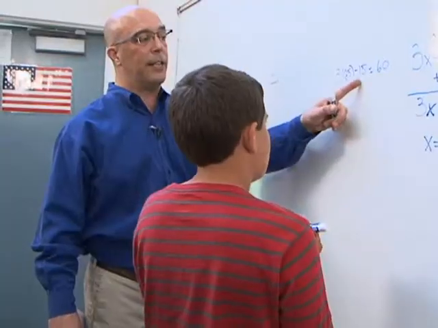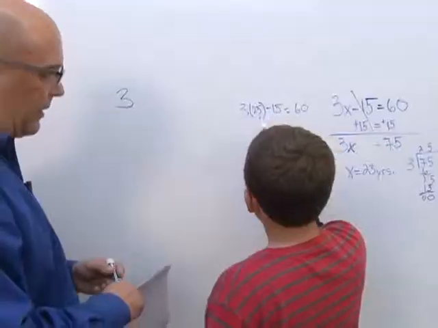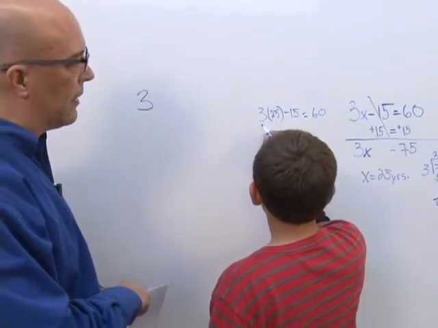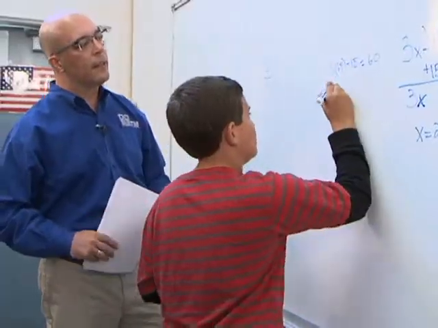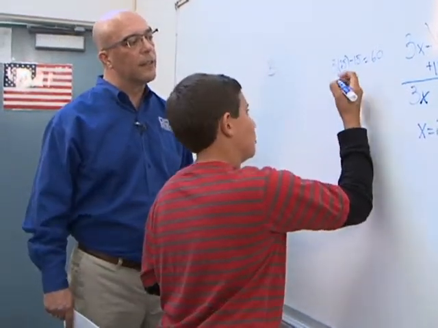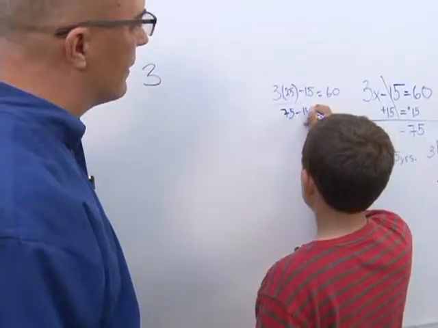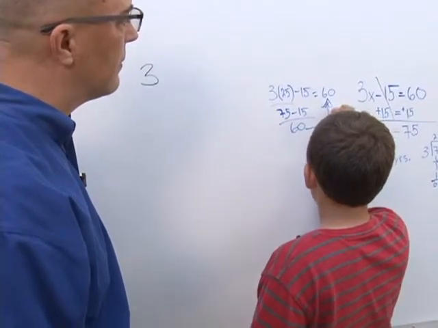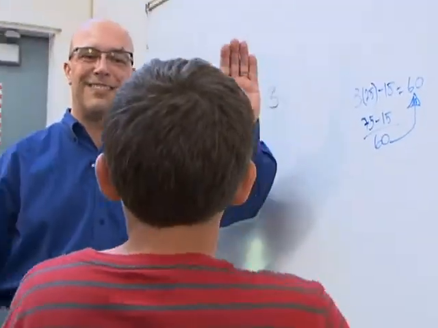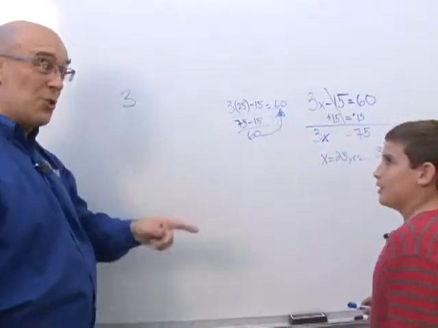Now, go ahead and solve this. First you would do this because parentheses comes first. Perfect. And then 25 times 3 is 75. And then if you minus 15, it would be 60, which is up here. Garrett, nicely done. You checked it, so you made sure it's right.